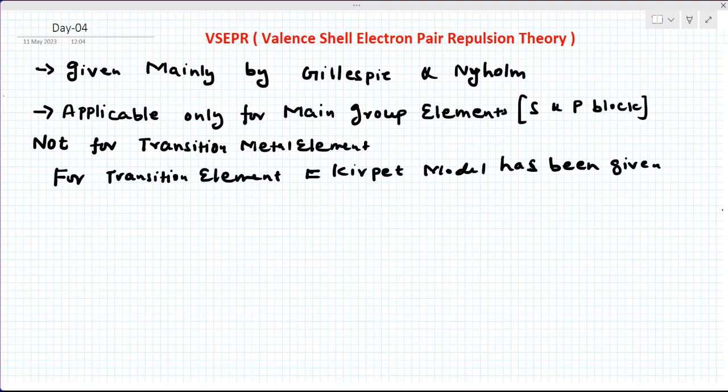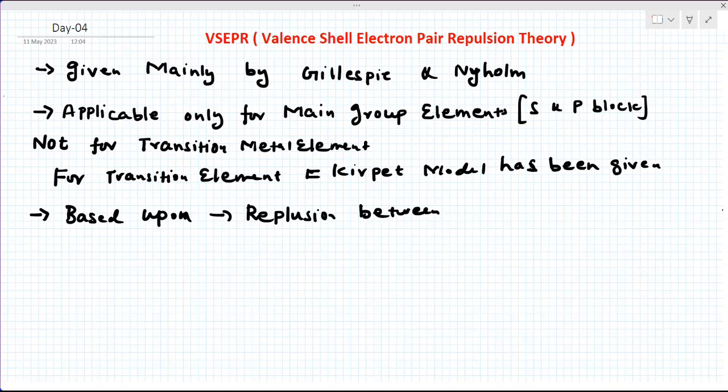Now this VSEPR theory is based upon the repulsion between electrons. Very important. The VSEPR is going to tell about the geometry and shape of the molecule.